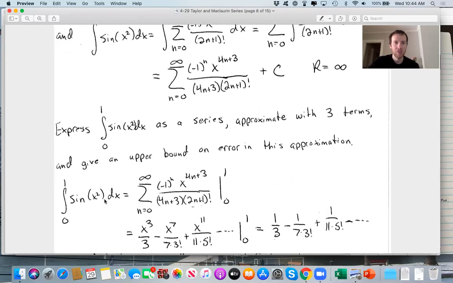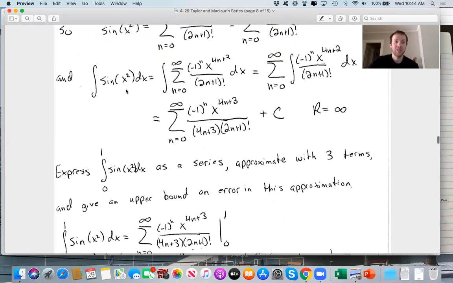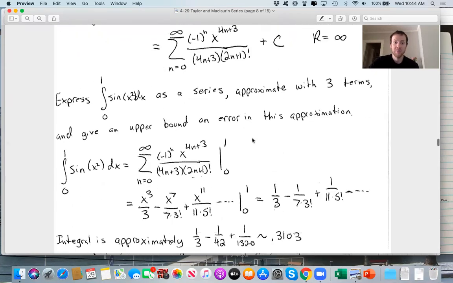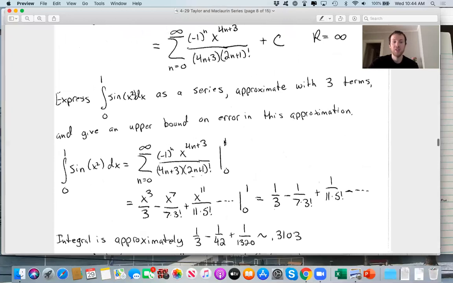But what we can do is say, this expression here, we know an antiderivative for it. That's this series. So evaluate this series from 0 to 1.